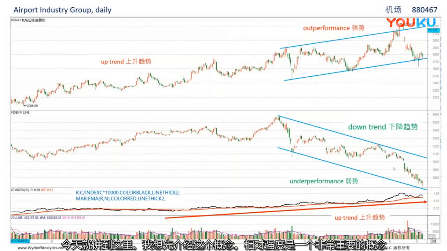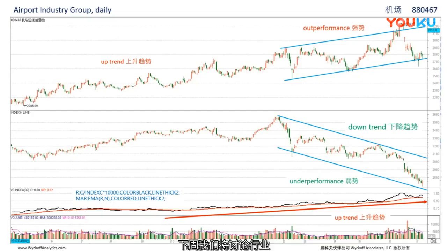And that's it for today. I wanted to go through these concepts. It's a very important concept for us. So we just want to start with the concept first, and then next week we're going to come back to the industry groups. We definitely want to understand what's happening with the market, especially at this spot.